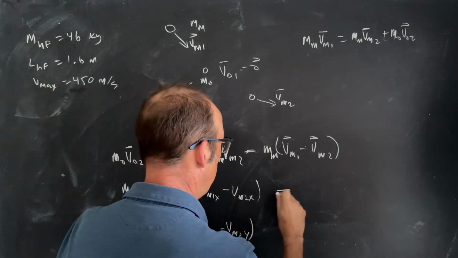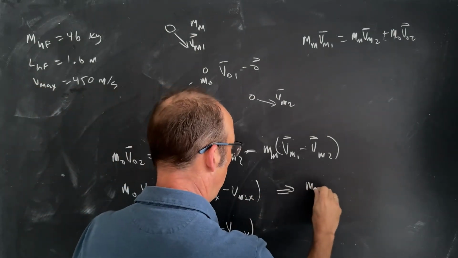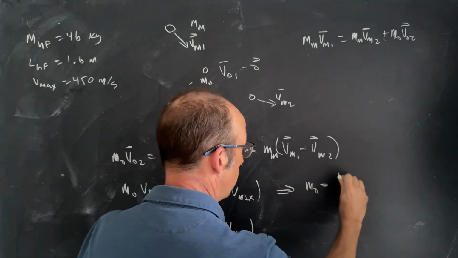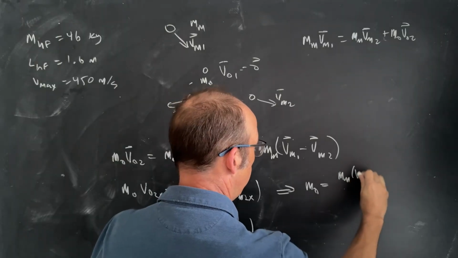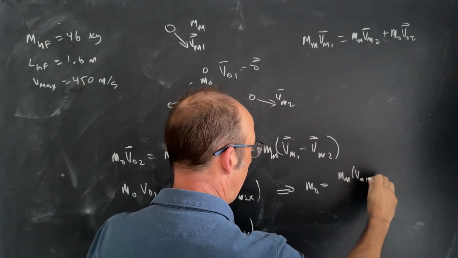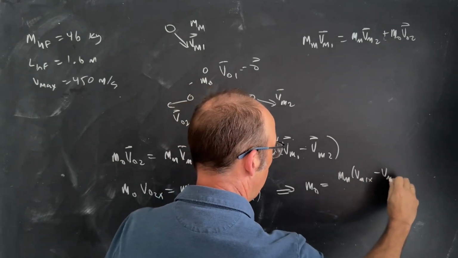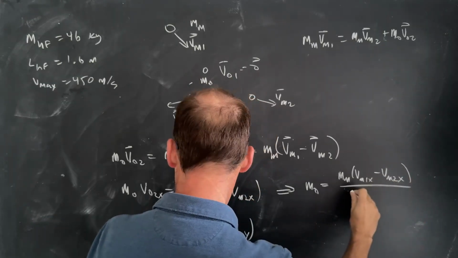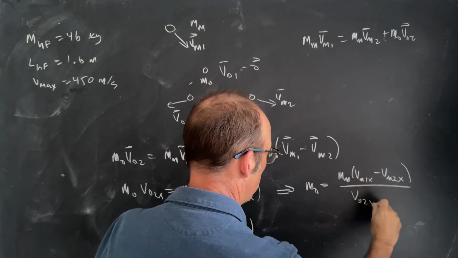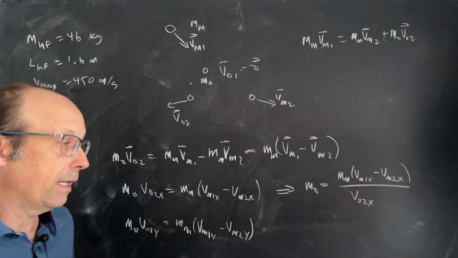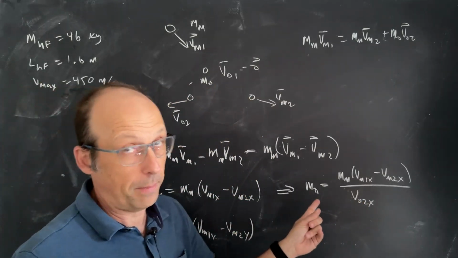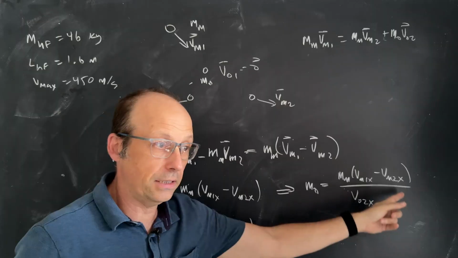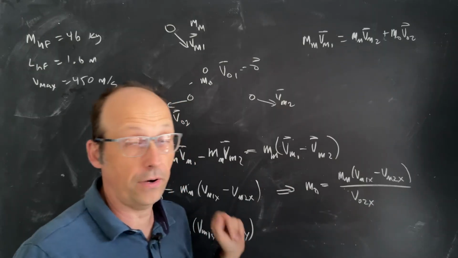So this gives me over here M_O is equal to M_M times (V_M1x minus V_M2x) over V_O2x. Now, there's a couple important things here. One, I can solve for the mass. So if I know the mass and the velocities of the stuff before and after the collision, I can find the mass of the orb.